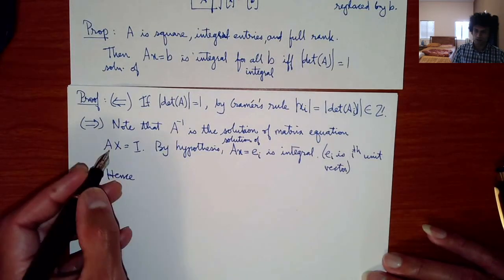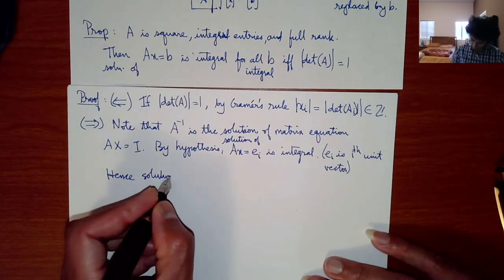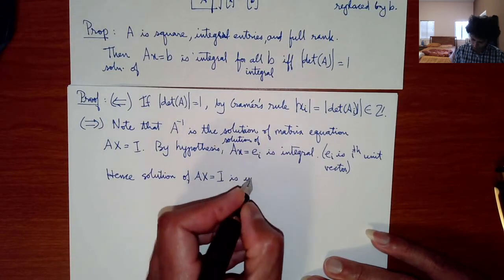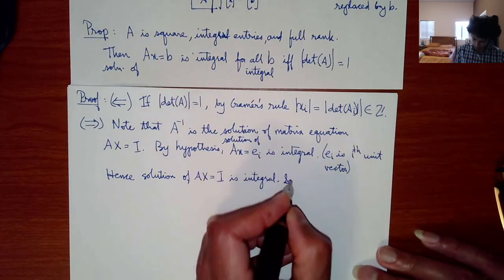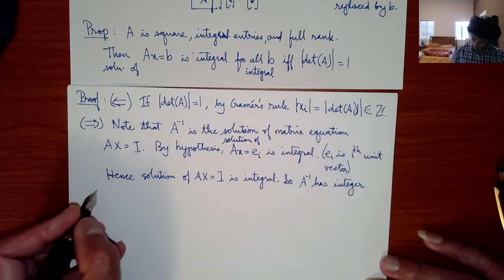Hence, essentially, if you solve this, the solution of Ax equal to I is integral. So A inverse has integer entries.